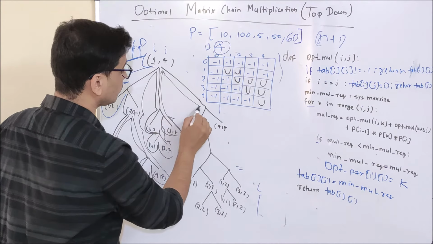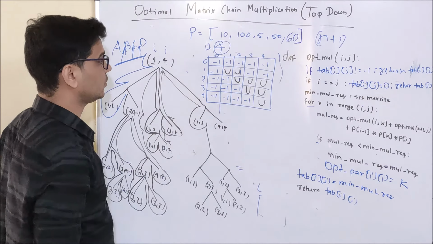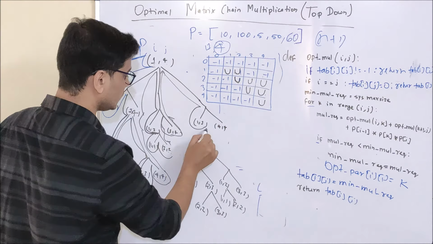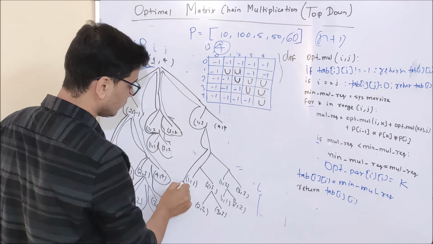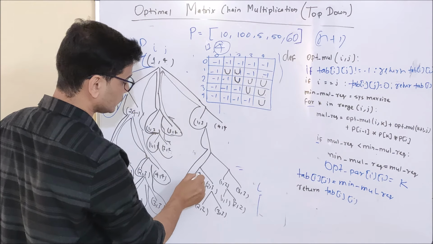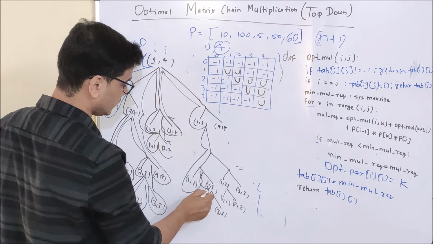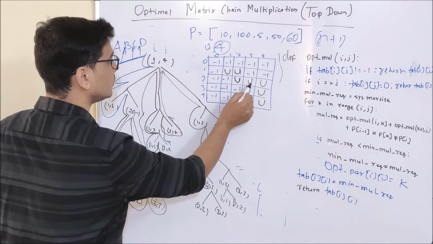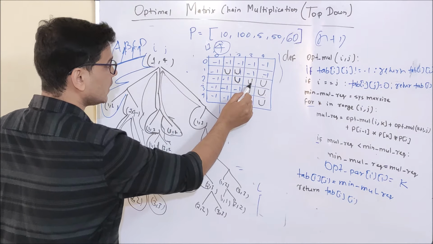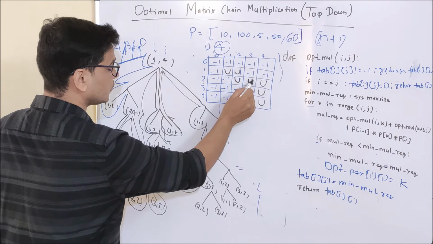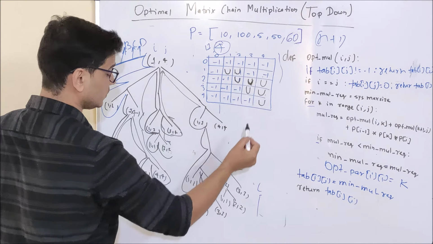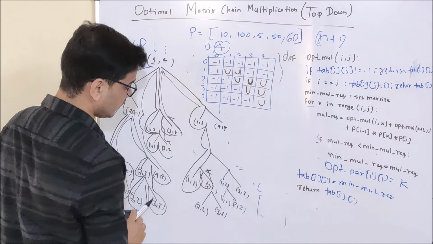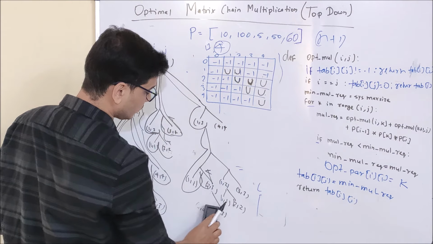Then 1 comma 4 will give a call to 1 comma 3, and here 1 comma 3 is not updated. So 1 comma 3 will give a call to 1 comma 1. 1 comma 1 is updated, then it will give a call to 2 comma 3, and 2 comma 3 will check in the table whether it has been calculated earlier or not. So as you can see here, it is true, that means it has been calculated. So it will directly return from here, and this tree will not grow.